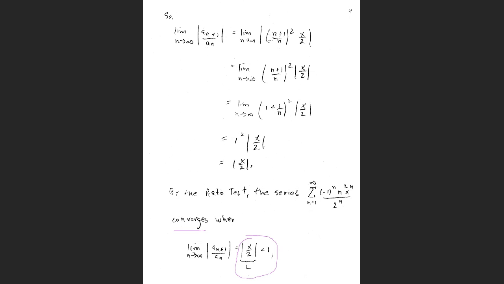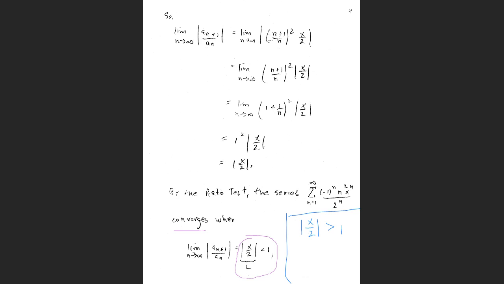The ratio test says then that the power series would diverge when the absolute value of x over 2 is greater than 1, right? And it's a good question, Nathan.